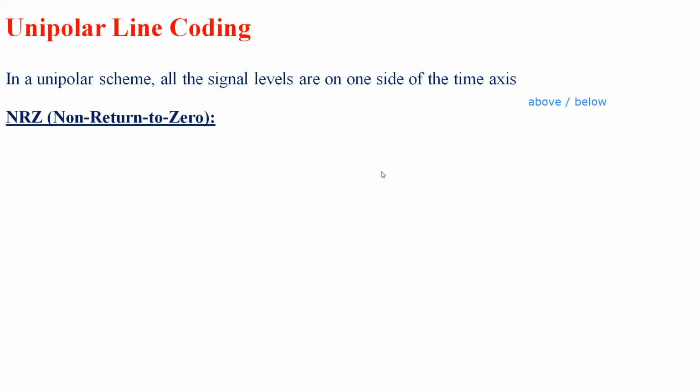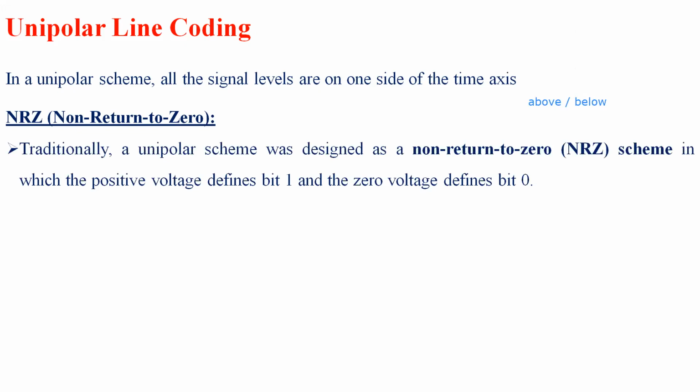So basically, the unipolar scheme is designed as an NRZ unipolar scheme, where NRZ is the non-return to zero scheme. Here the non-return to zero scheme is designed in such a way that a positive voltage defines bit 1, and zero voltage defines bit 0. If I say 1, then it is a positive voltage.